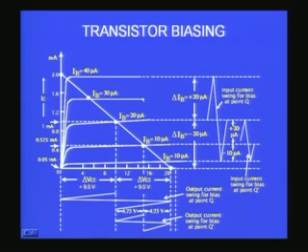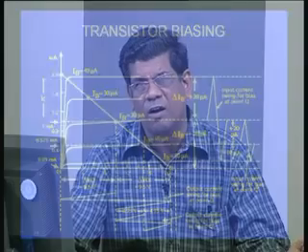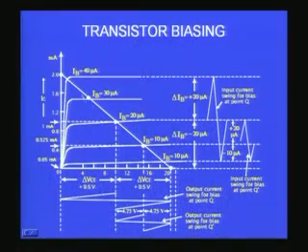If I apply a sine wave, I will not get a true sine wave at the output, it will be a distorted sine wave, because beyond some point I enter into a saturation region or the cutoff region, as the case may be. And therefore, the general rule is you try to choose a quiescent point which is at the center of the load line. Thereby you will have equal excursion.